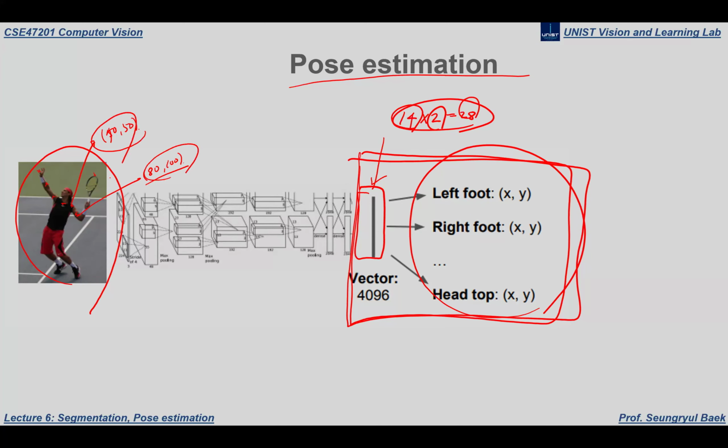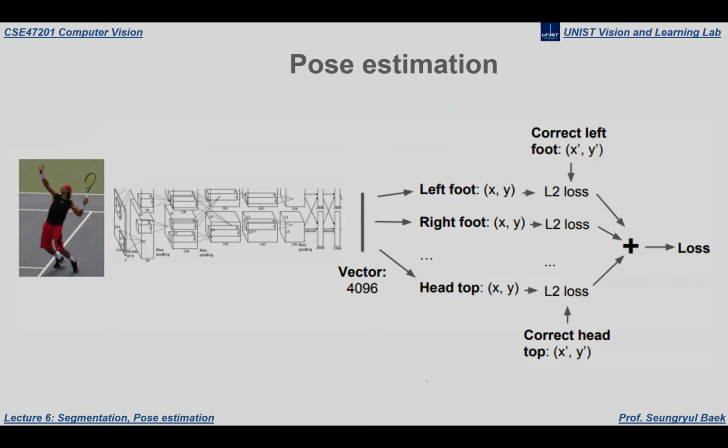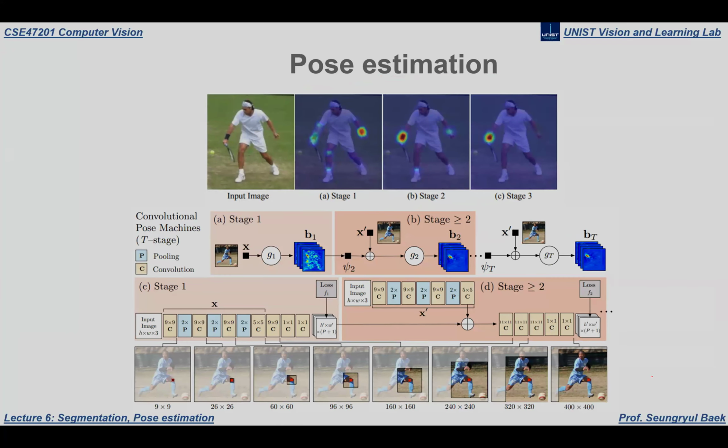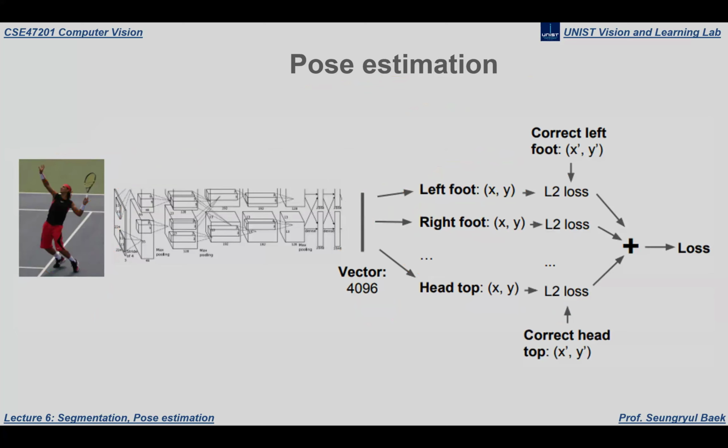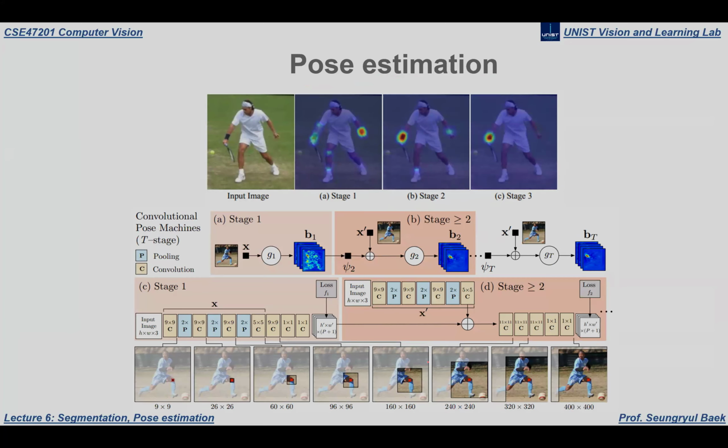Even for humans, it is sometimes hard to estimate the exact coordinate values from RGB images. It is not very intuitive. So if you train a neural network that directly estimates the raw coordinate values, it sometimes works, but the accuracy is not that good.